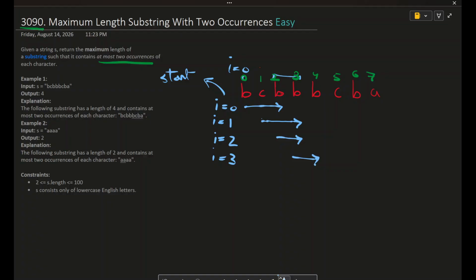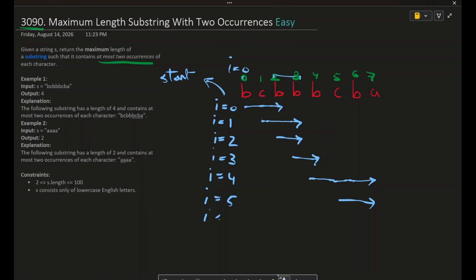If I start from i equals 4, I can include B is 1, then C, then B, then A. If I start from i equals 5, I can include these three elements.